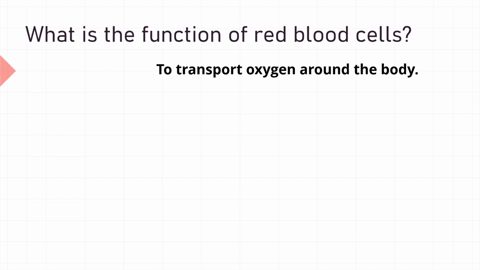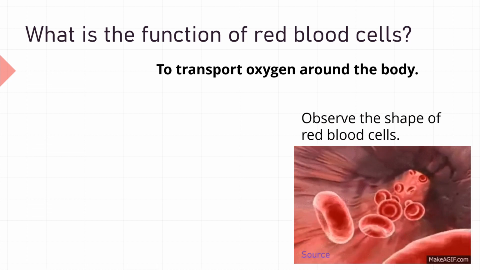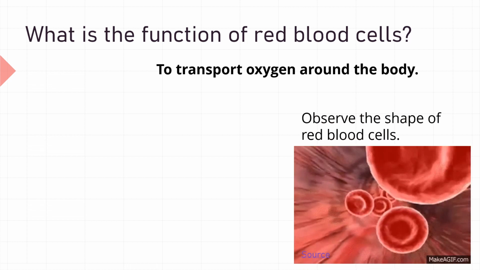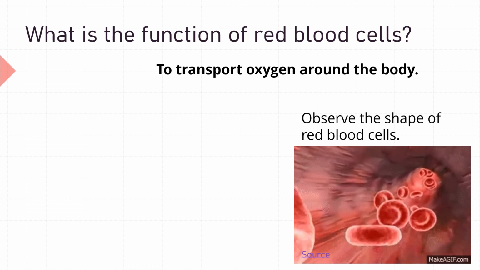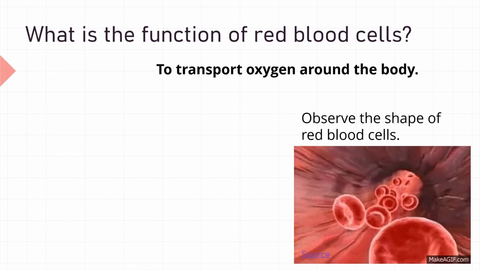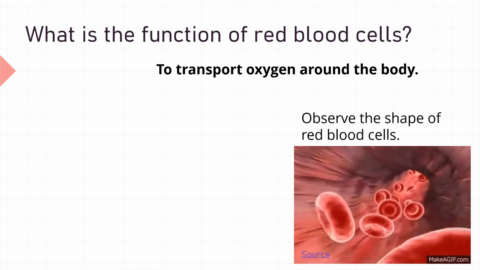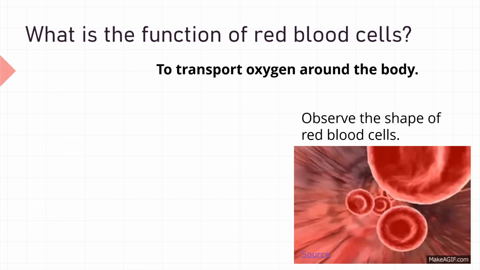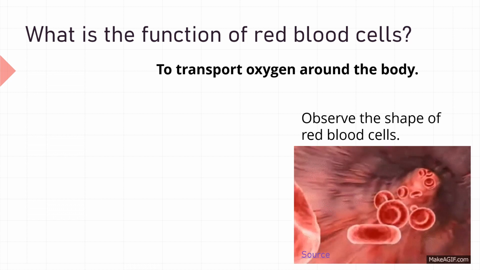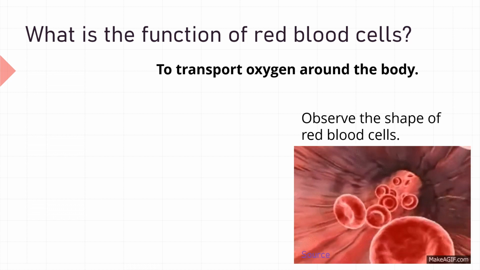Here it is also really important that you understand that the shape of the red blood cell helps to give more space so that these oxygen molecules can bind. This specific shape gives them a bigger surface area, which later gives them more opportunity to bind oxygen.